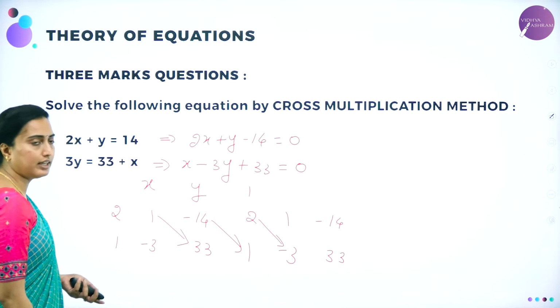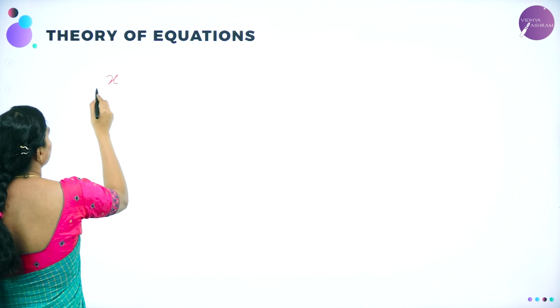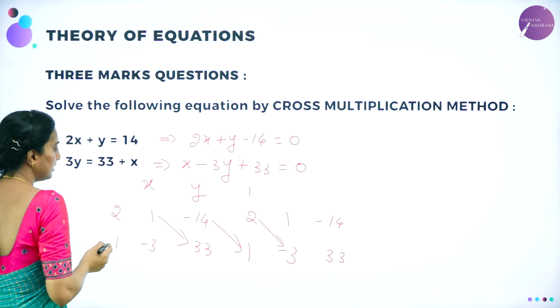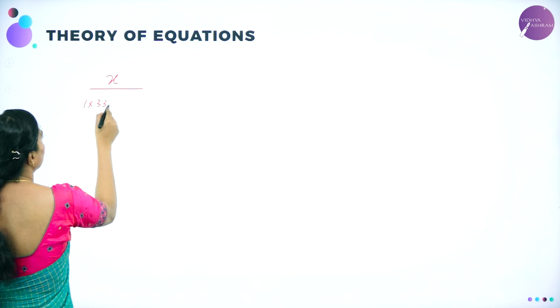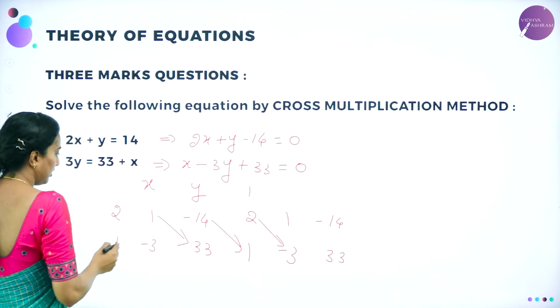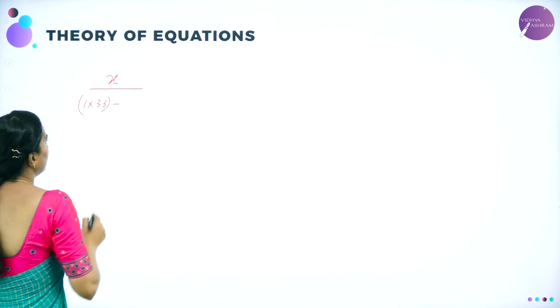Now x can be written as x divided by, see dear student, 1 into 33, I am writing 1 into 33, minus 3 into minus 14.